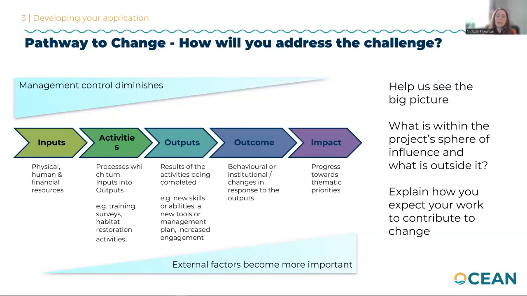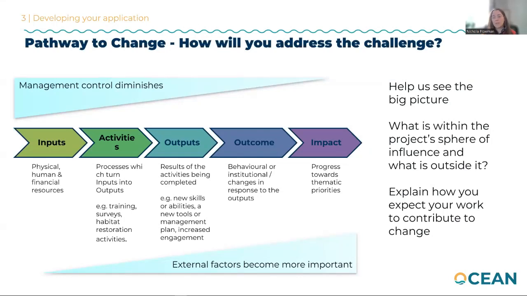And we're going to come to the definitions of these different elements of the project, but I think it's really important to recognize when you're writing this section that as you move away from the inputs and activities that you've planned up to the impact level, there are certain things that will be outside of the sphere of control of your project. There'll be a lot of external factors.